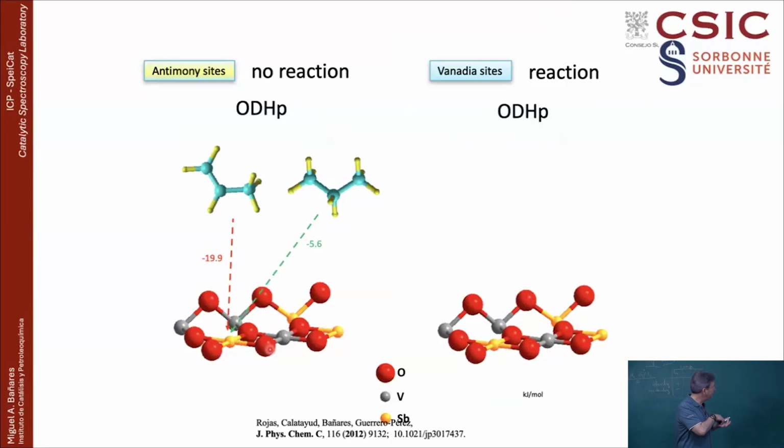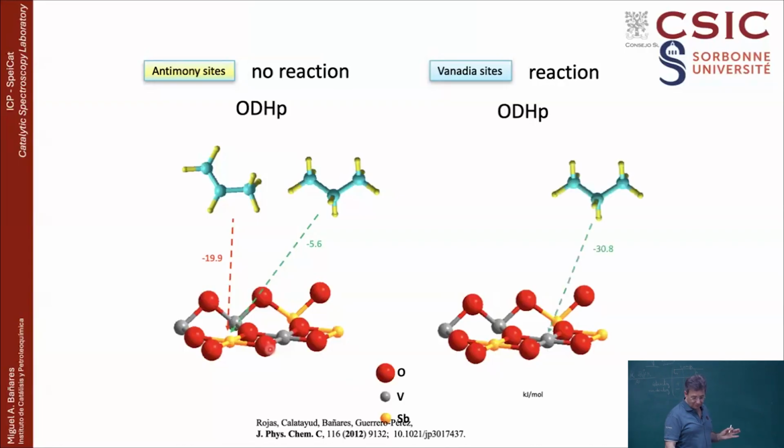It's like 20 against 5, which means that once you get propylene in that site, so strongly bound, propane is not able to kick it out, because the adsorption energy is higher. So that means that if the reaction were happening there, you already go from propane to propylene, and that's the end of the reaction. So you immediately block the site.